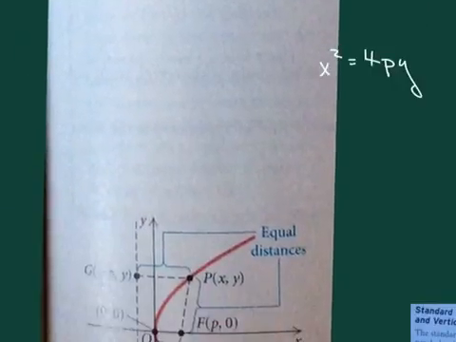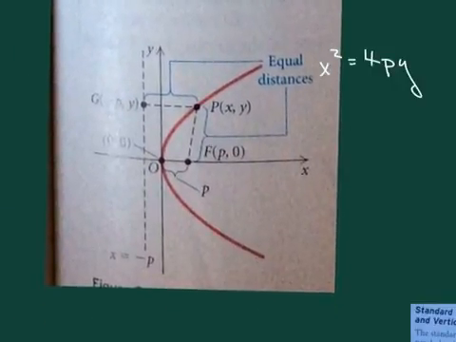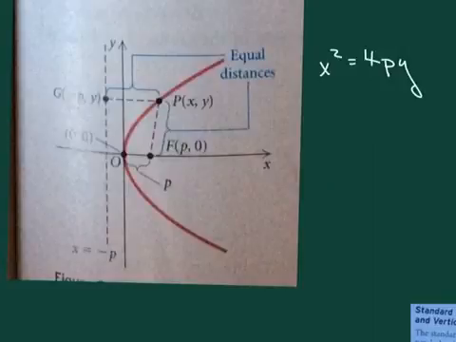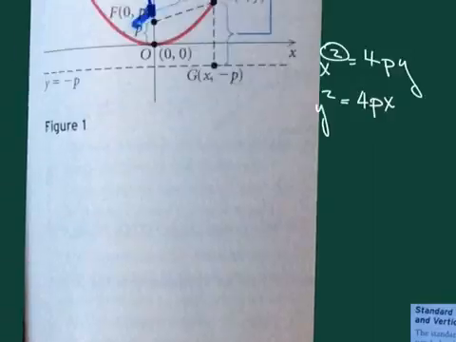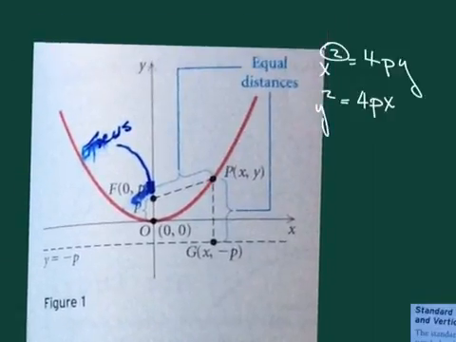When x is negative, we have a formula that's a little bit different, and it's going to be y squared equals 4px. When you have your exponent of 2 on the x, it's going to look like this, or it could be upside down.